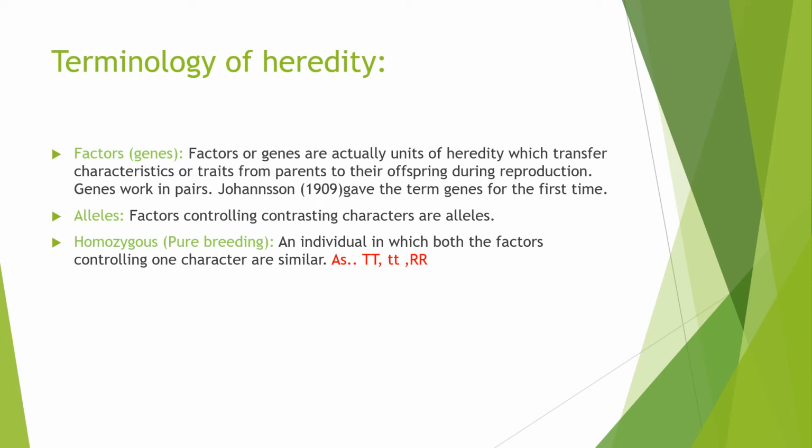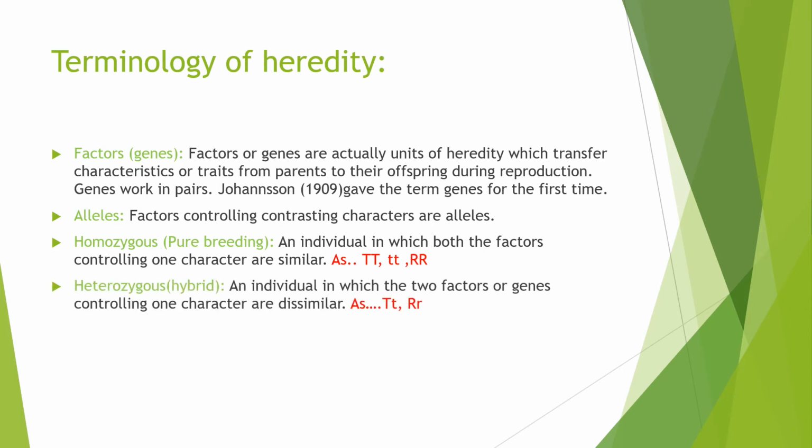Next, I am taking small t's. Both the t's are small. It means the plant is small, dwarf. So the first small t and second small t are alleles to each other, and since these two are similar, these are homozygous or pure breed.